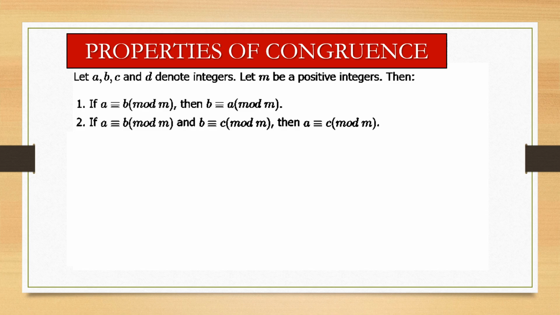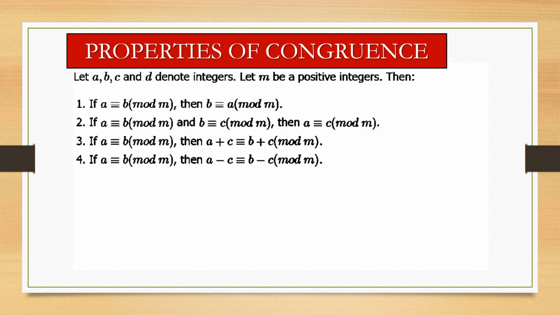Second property: if a is congruent to b modulo m and b is congruent to c modulo m, then a is congruent to c modulo m. If a is congruent to b modulo m and c is any integer, then a plus c is congruent to b plus c modulo m.